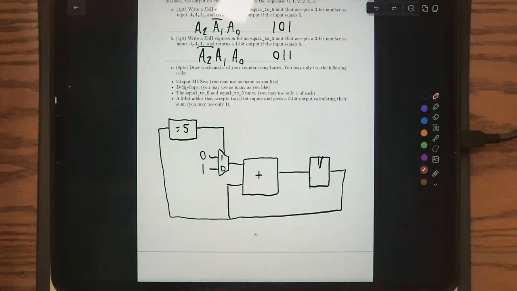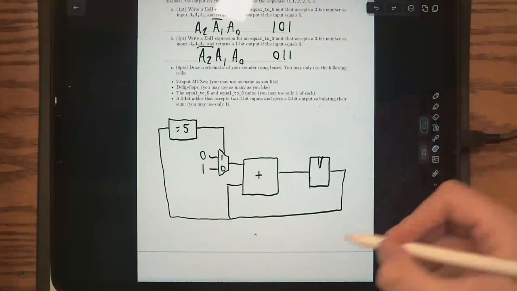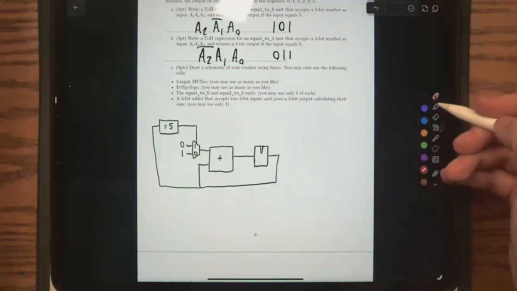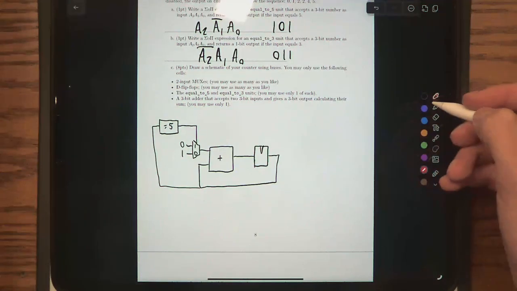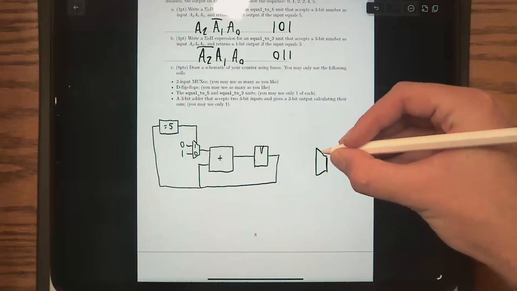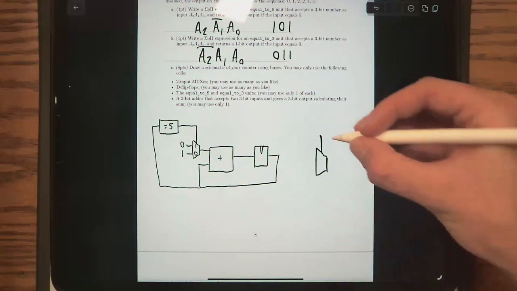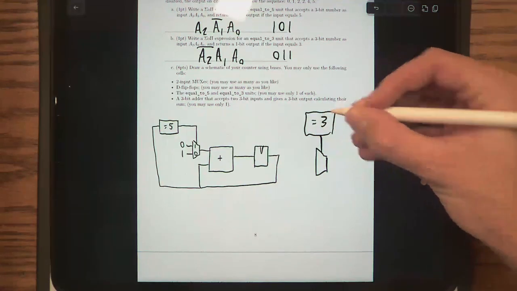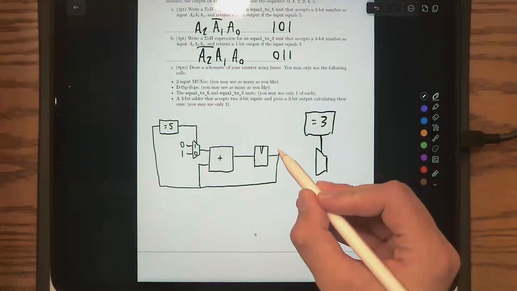You add another mux on the Q side of it. So maybe another mux. And what should the selector for this mux be? Equals 3. Sure, so this equals 3. What should the input of the equals 3 be? The Q as well. Okay, Q, good.